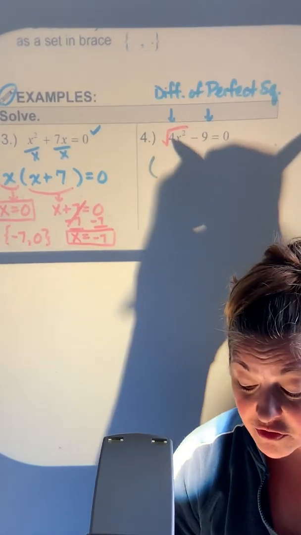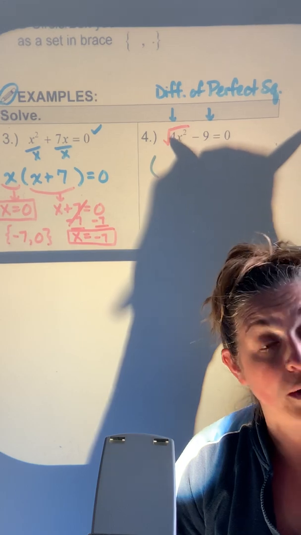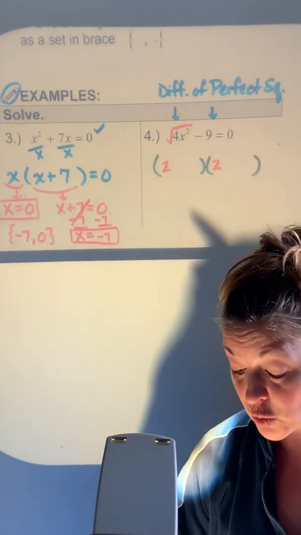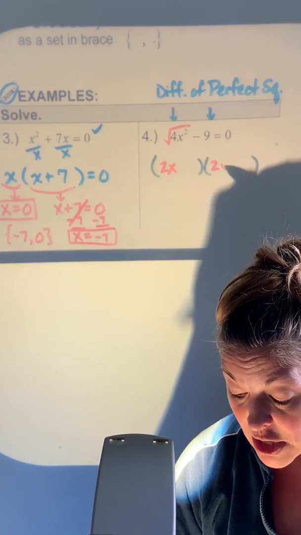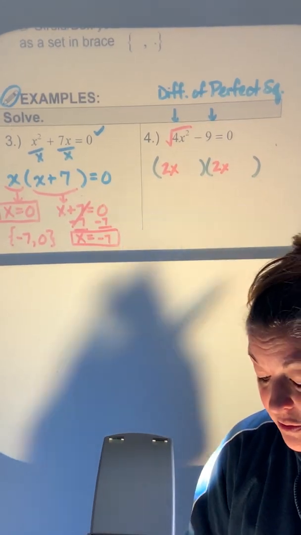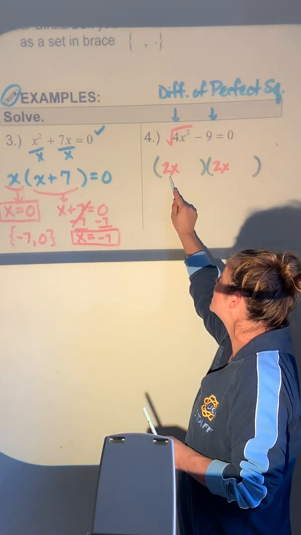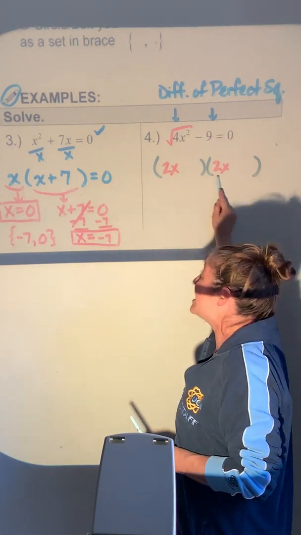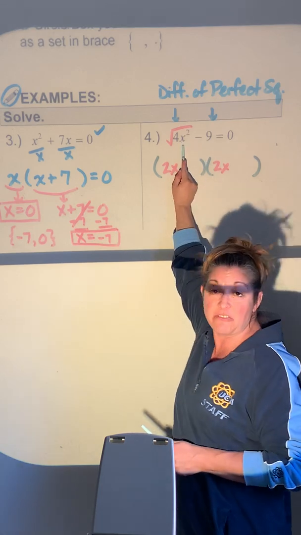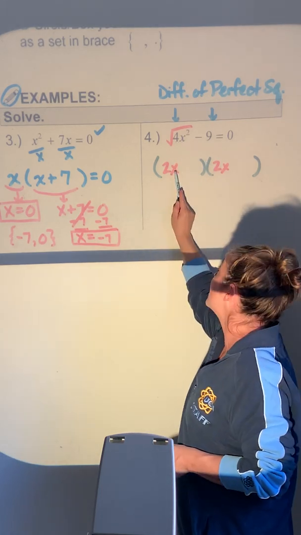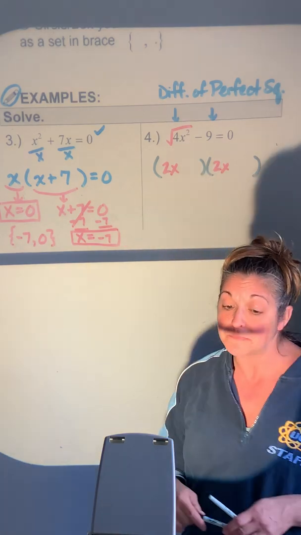When we have a 4x squared, the square root of 4 is a 2, and the square root of x squared is an x. Remember what that square root is telling you. It's telling us that if we take this 2x and multiply it by himself, I will get 4x squared, and that is correct. 2 times 2 is 4, x times x, x squared.